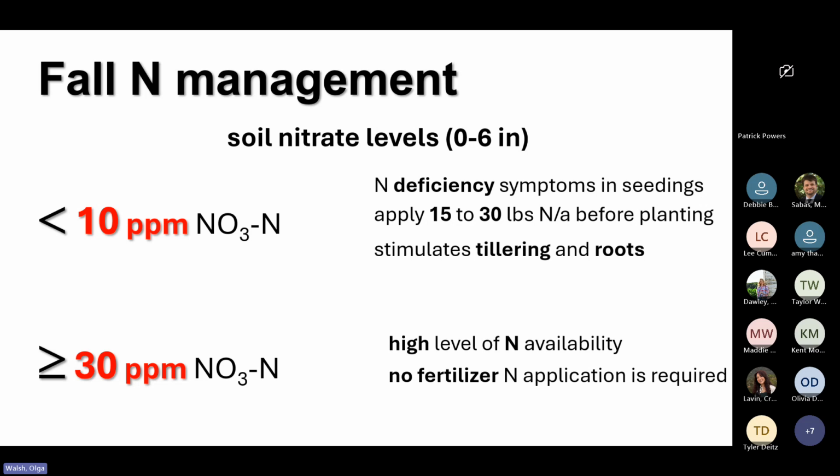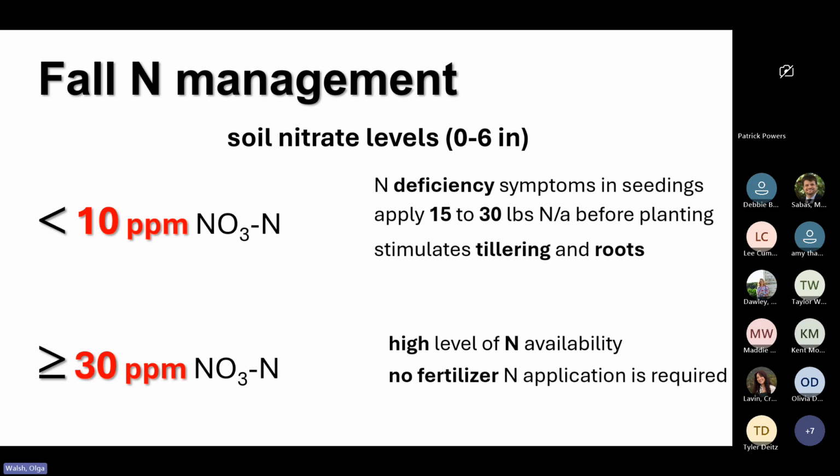But at the beginning of the season, we just want to have enough to start that growth going, and to stimulate the emergence, stimulate those first tillers being formed, and mainly the roots. So normally, if we have less than 10 ppm of soil nitrate within the top 6 inches, we may see some nitrogen deficiency symptoms in seedlings.